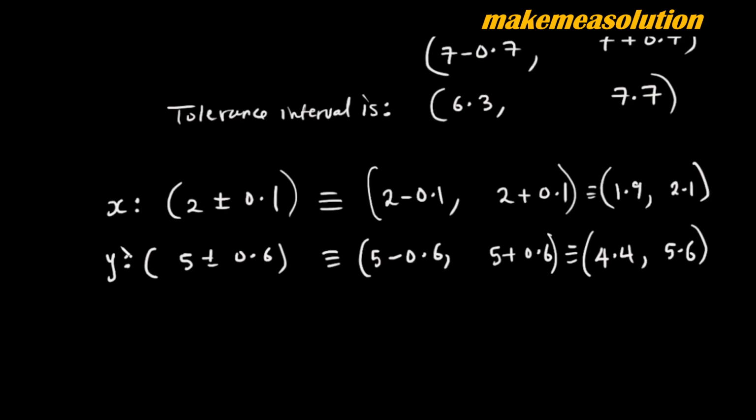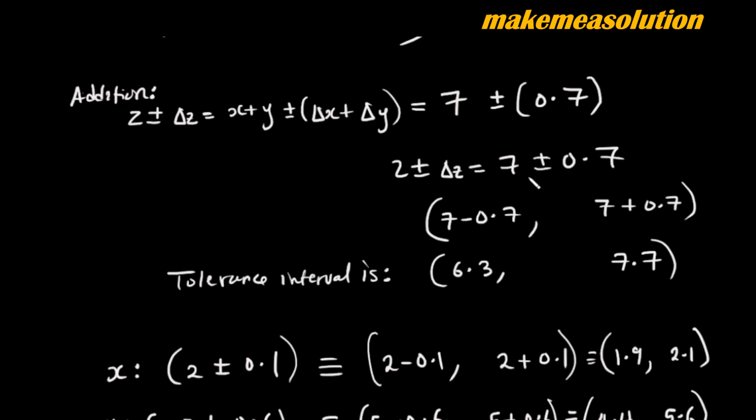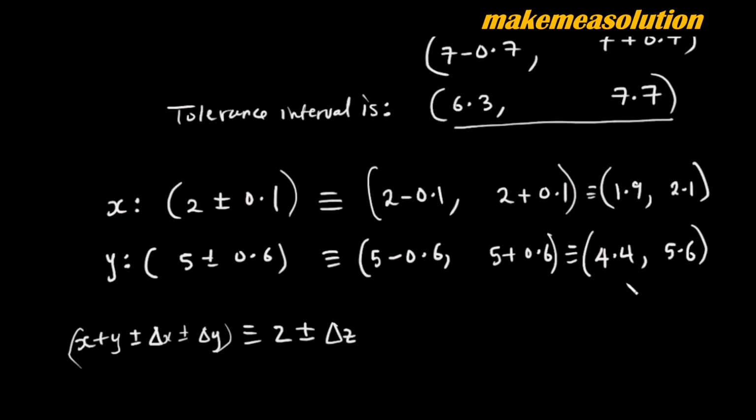So now we want to find x plus y, plus their corresponding deltas, so as to correspond to our z plus or minus delta z. We've already found our z plus or minus delta z theoretically, and when we spread it out, we got this range. So let's see if I add these ranges together, 1.9 to 2.1 plus 4.4 to 5.6, am I going to get the same thing I got here?